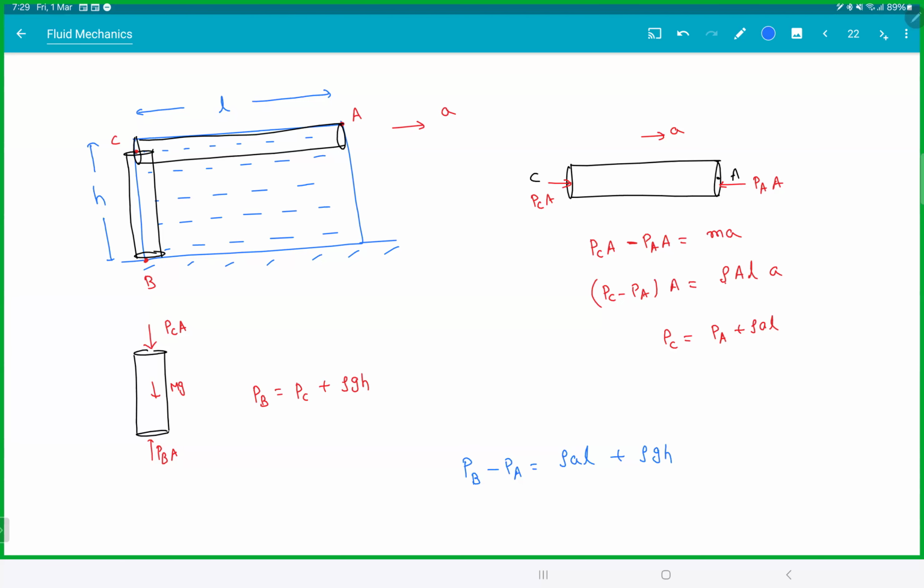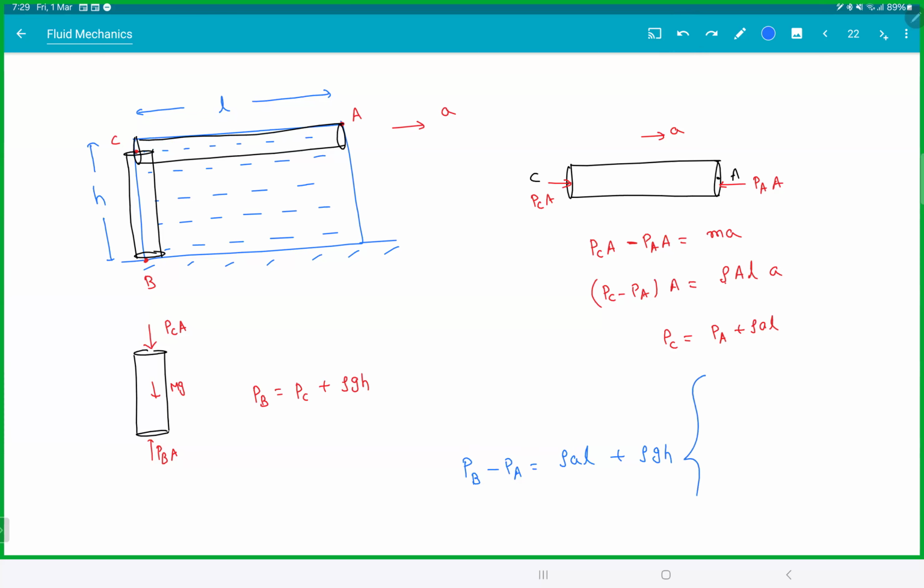So simply you can assume, while you're traveling from A to C to B, you can travel along horizontal and along vertical. When you travel along horizontal, consider only horizontal acceleration. Isn't it obvious? If you're traveling from right to left, why do you bother about vertical acceleration? Mg does not affect this horizontal. Clear?